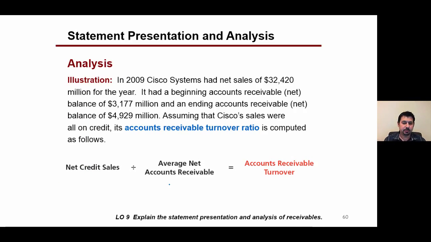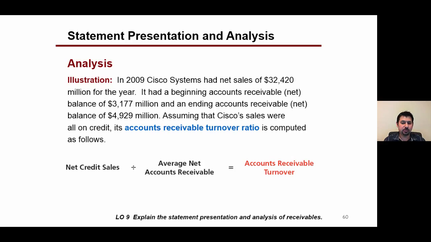Once again, it is important to analyze the information on accounts receivable balances and allowance for doubtful accounts, basically the bad debts and uncollectibles, and what kind of information they can give us. Companies use accounts receivable turnover to assess the liquidity of the receivables.